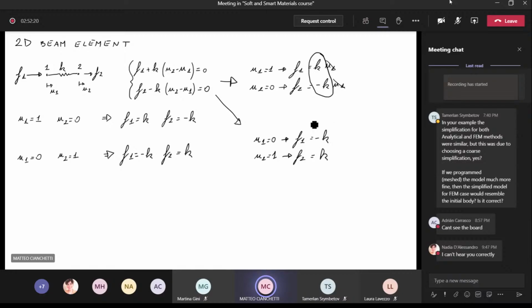And again, you can notice that now we have these other two differences.